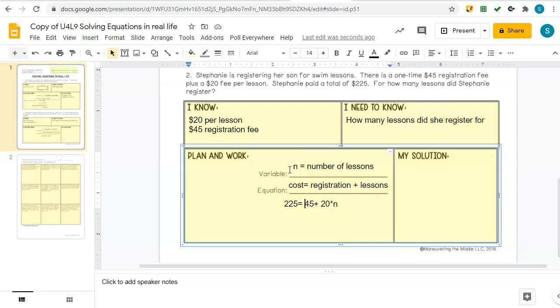Now let's solve that equation. Again, we had money plus $20 per lesson times the number of lessons. That's also money. Note that we can only add things with the same units. So let's go ahead and subtract 45 from both sides.